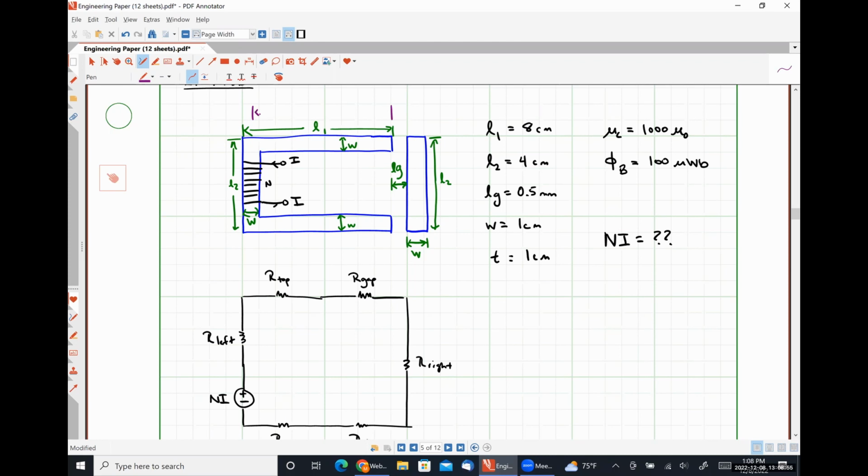So this length right here is going to be L1 minus 1/2 W. But we also have this little bit right here that is going to be one-half of a W. So what happens when we add those two things together? It's L1.